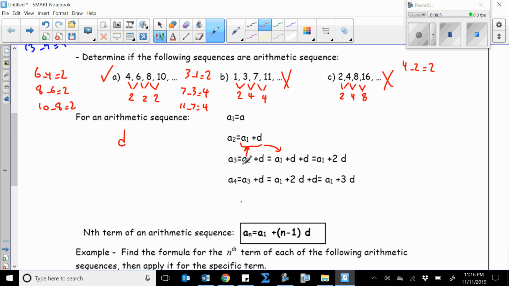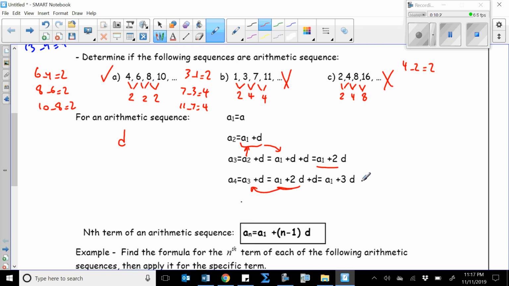To find A4, again, I'm going to go back to A3 and I add a D to that one. It will be A3 plus D. What was A3? We just got that A3 was A1 plus 2D. So I replace this for A3. So now I have A1 plus 2D plus D. I can add the D's together.